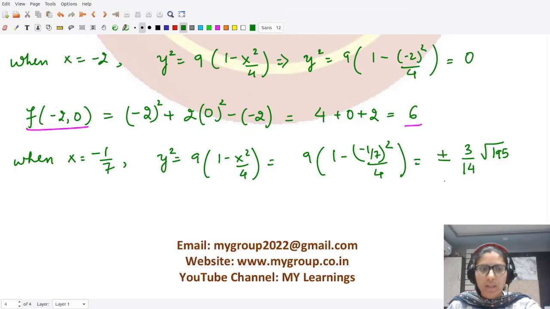Okay, so here we have two values of y. So this implies y is equal to these two values, right? We'll be calculating the function's value at these 2 points. So let's do that.